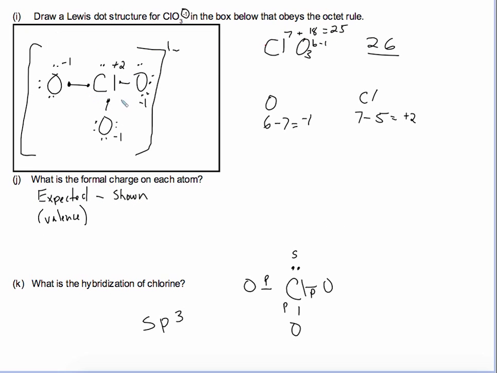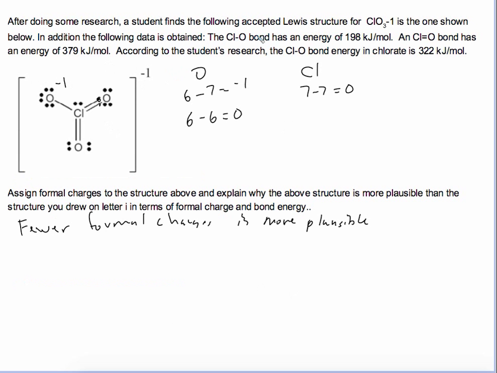Now, if you go back and look at the other Lewis structure that you drew, these are all single bonds. So these would have single bond energy, which would be this 198 kilojoules. But a double bond is 379 kilojoules, but the research the student does finds it to be 322 kilojoules, which is somewhere in between a double bond and a single bond.